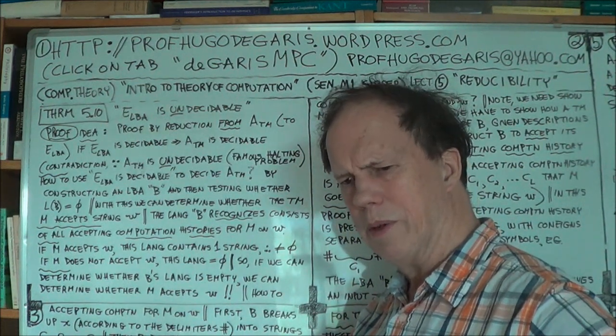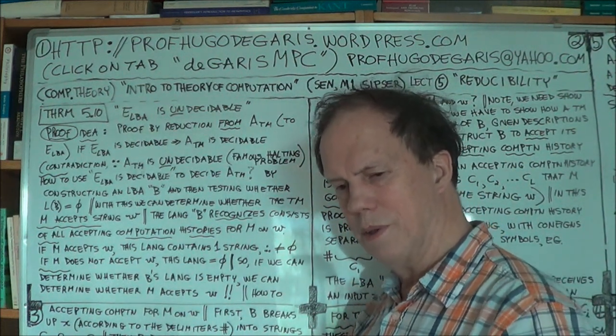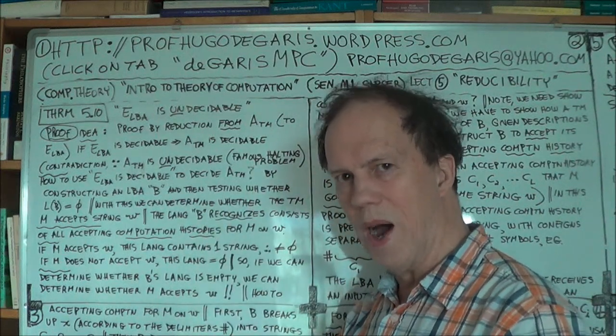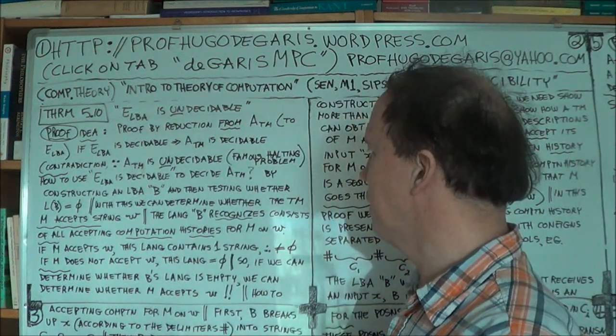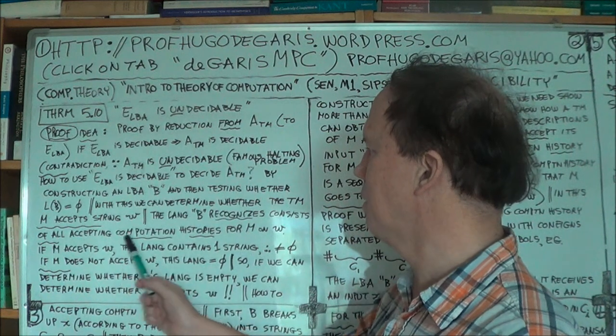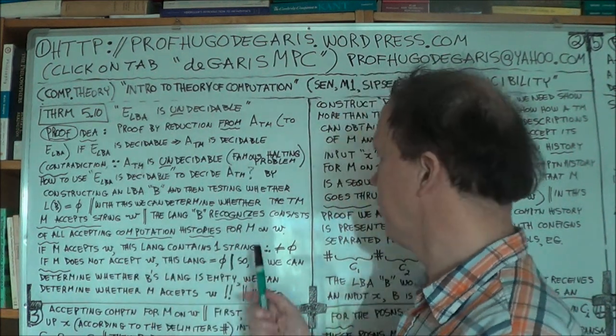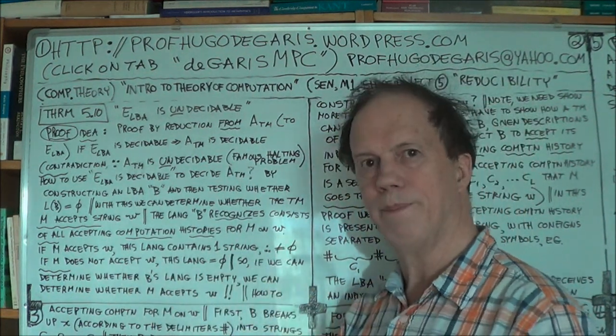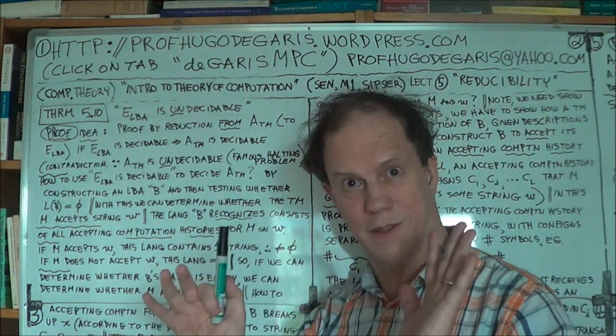And you may say, now wait a minute, didn't we say last board that there's at most one such accepting computation history for a given machine and a given string? And that's the point. That's the point.